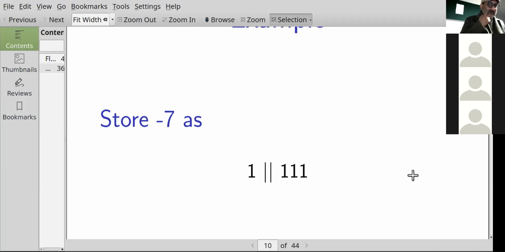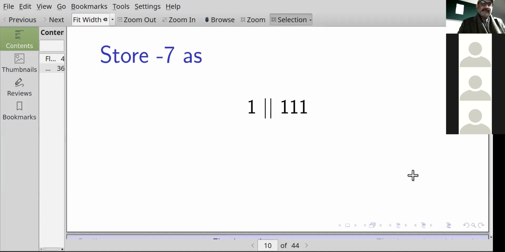So if I want to store -7, I put a 1 in the sign bit, and then 7 in the other bits is 1, 1, 1. That means 1 times 2 to the 0 plus 1 times 2 to the 1 plus 1 times 2 to the 2.